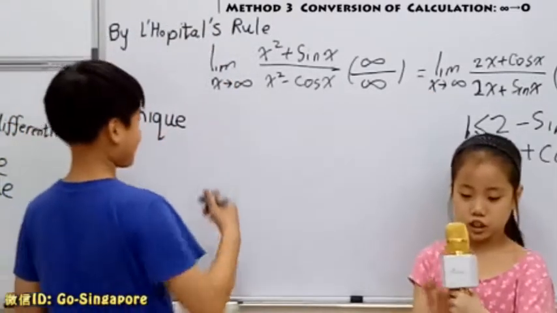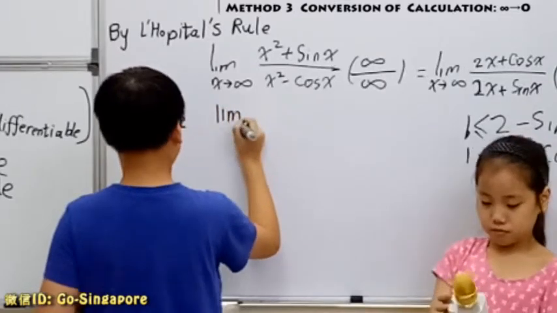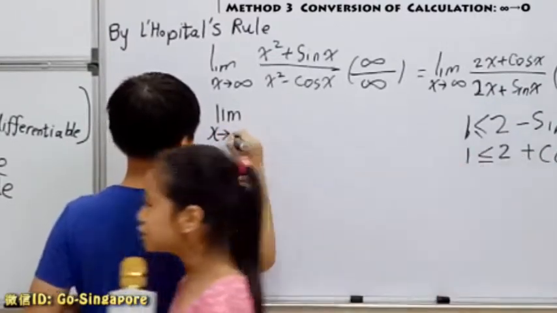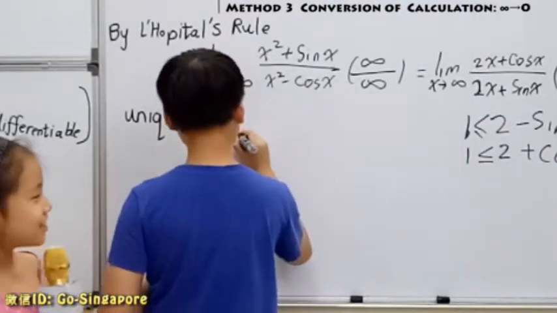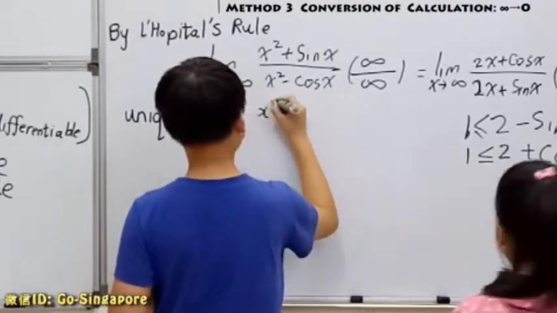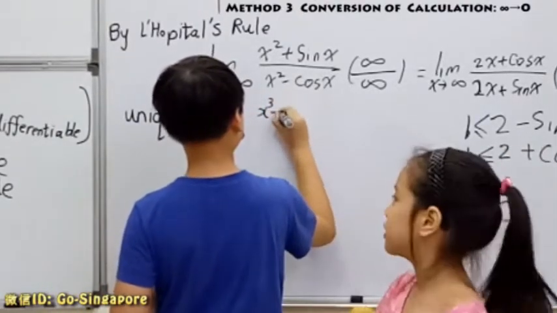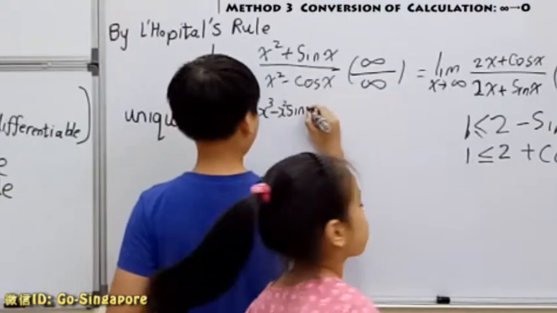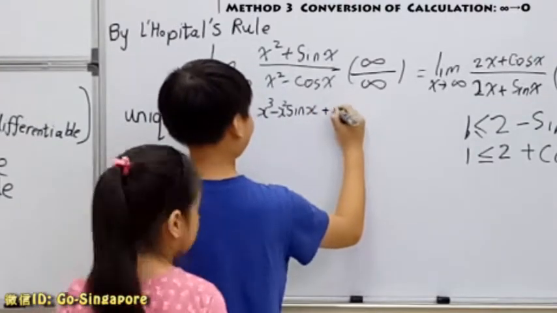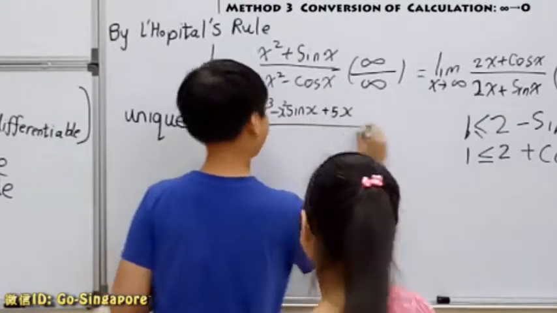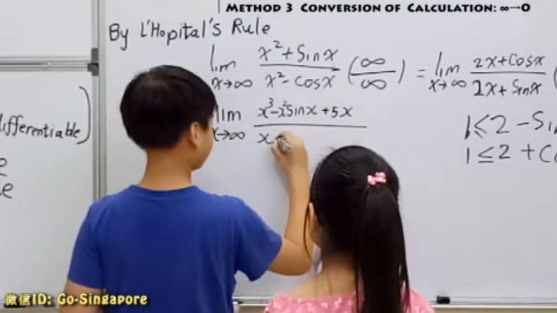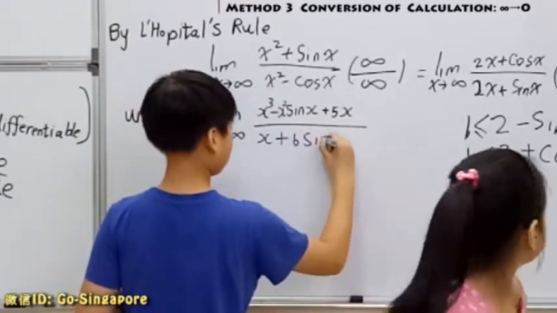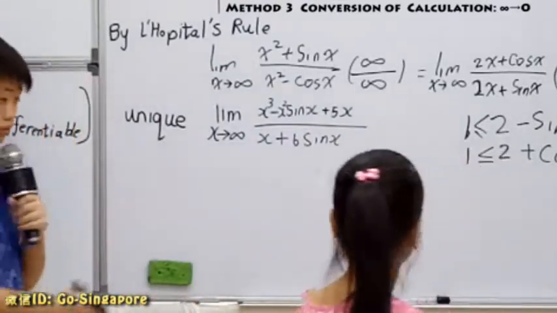Because there's not just one example like this that cannot use L'Hopital's rule. Can this be one of the examples?